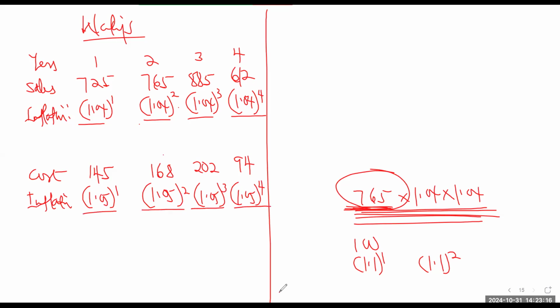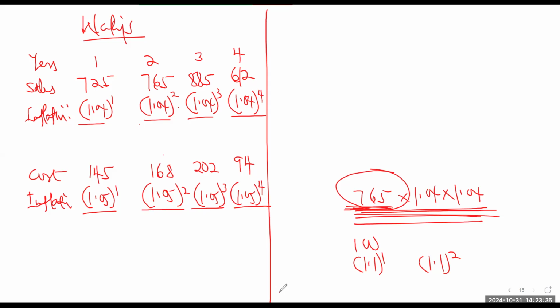So let's find the answer and find our cash flows now. The first is 754. This is year 1.